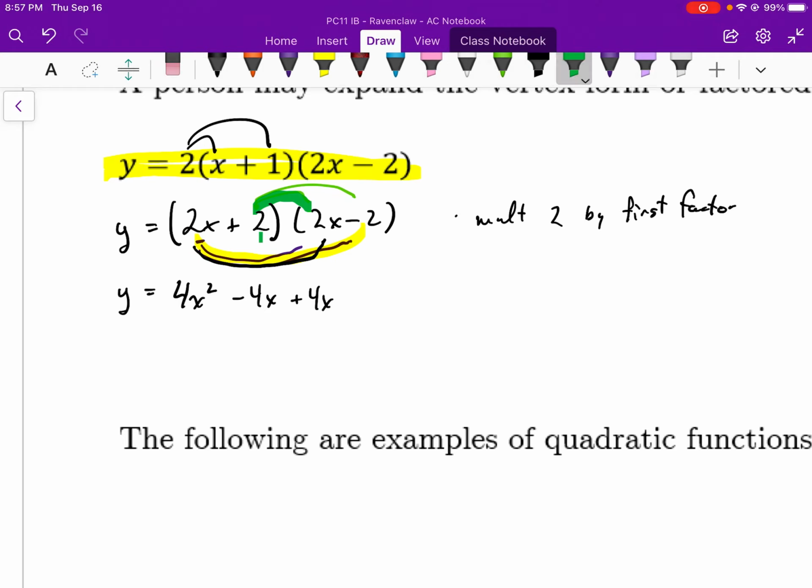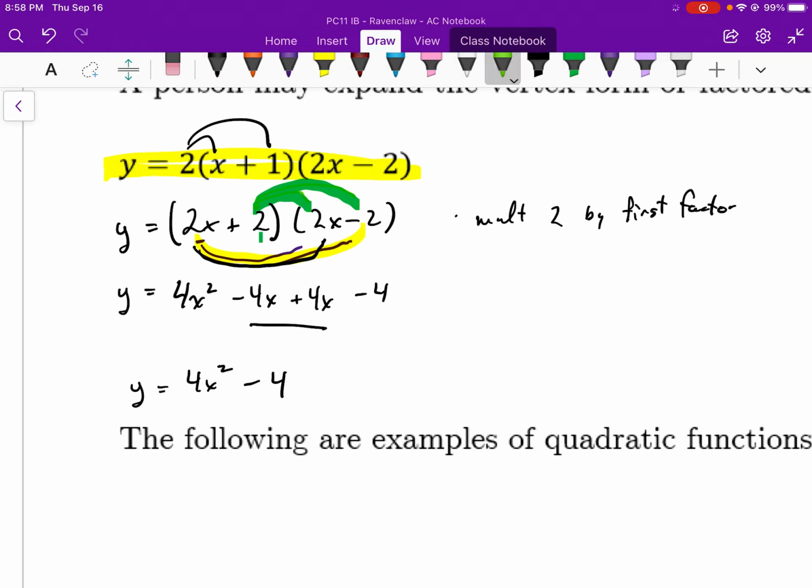And our last multiplication is positive 2 times negative 2, which is going to be negative 4. If I clean this up by collecting like terms, I get the function y is equal to 4x squared, negative 4x plus 4x cancel each other out because they're zeros, minus 4. So I end up with the result, y is equal to 4x squared minus 4.